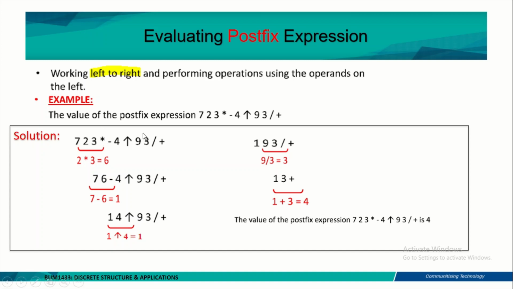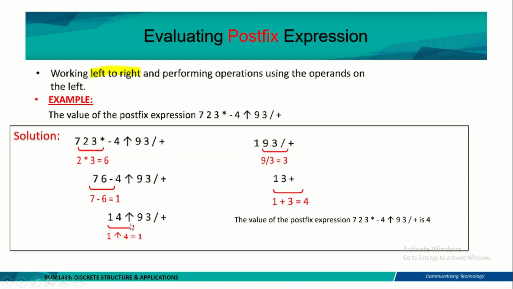So we consider multiply here: 2 multiplied by 3 is equal to 6. Next, we see that the leftmost operation is minus. So 7 minus 6 is equal to 1. So we get 1 here.